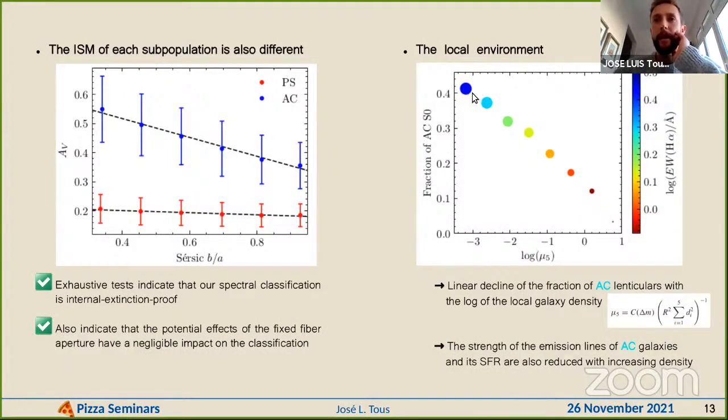And in color, I show you the strength of the H-alpha emission line, and the size of the data points would be proportional to the star formation rate of these galaxies. And we see that all these represented properties decrease linearly with the logarithm of the local density.